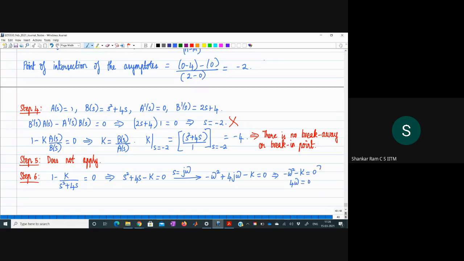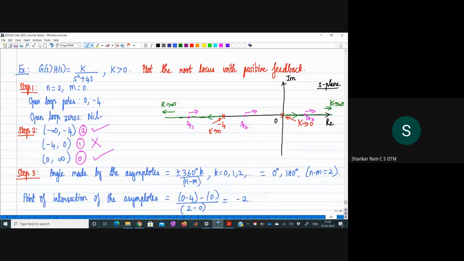If we use both these equations, the second equation implies omega equals 0, and k equals 0 at that point. So in essence, there is no crossover point other than the origin.